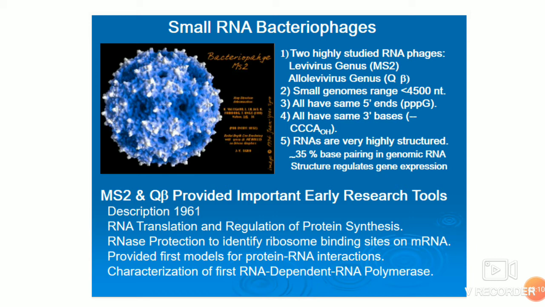Using the RNase protection assay, the identification of ribosomal binding sites on the mRNA was provided by the study of these small RNA bacteriophages. So they were very important in understanding protein-RNA interaction.